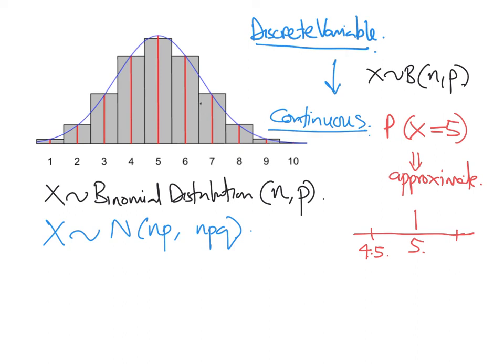And the highest value that gives you 5 will be 5.5. So in continuous terms, when I talk about X equals 5, I'm talking about between these two limits, 4.5 to 5.5. So instead of writing X equals 5, it should be 4.5 less than X less than 5.5.